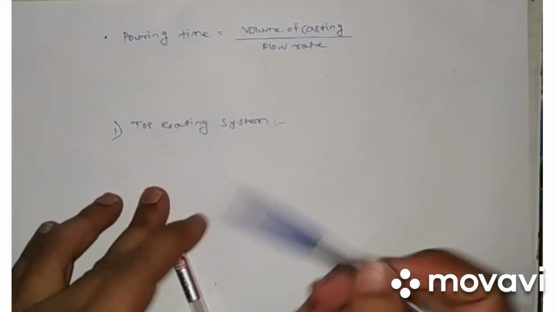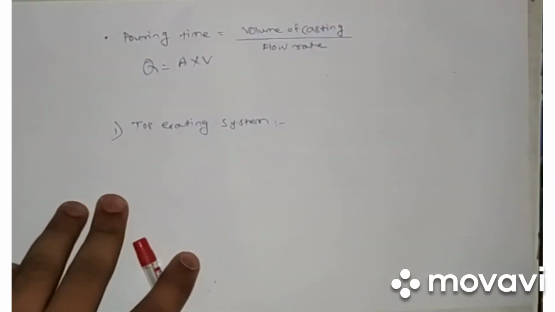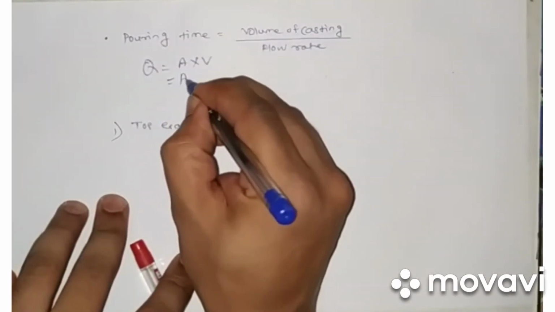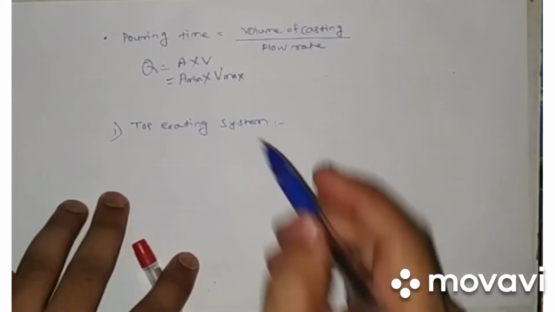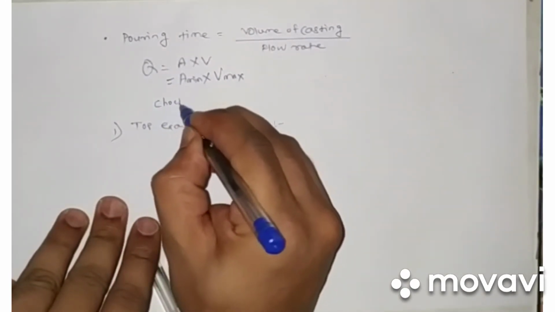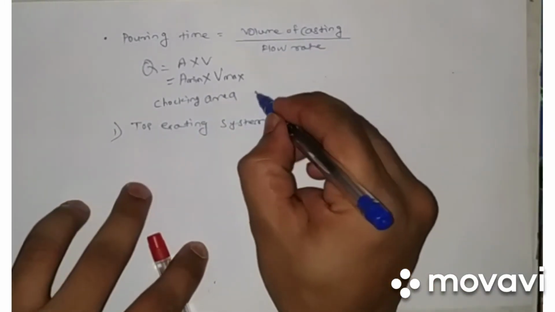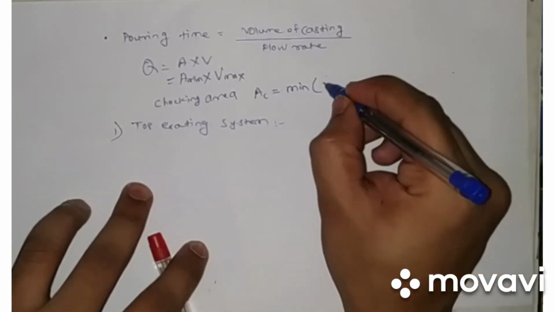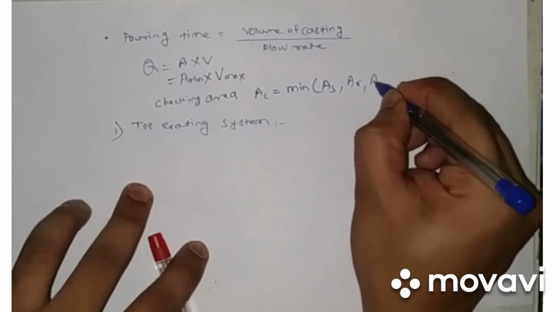Okay, now we all know that the flow rate Q is nothing but area into velocity. Now we require the velocity to be maximum, so that's why we want the area to be minimum, so that we can have a maximum velocity. Now this minimum area is called the choke area. Let's say AC is the minimum area out of three areas: we have our sprue area, our runner area, and our ingate area.